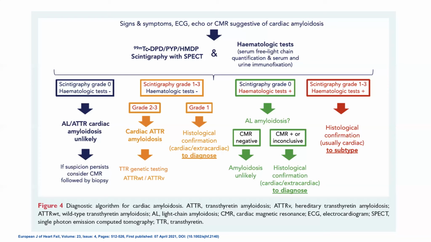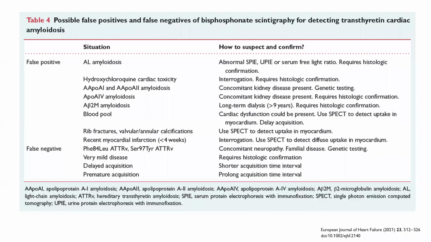So these scenarios are very well described, and you need to keep in mind the different kinds of variables that you can have with your myocardial scintigraphy and with all the clinical information that you have. But at the end, the nuclear scan is very important for clinical purposes in this subset of patients.